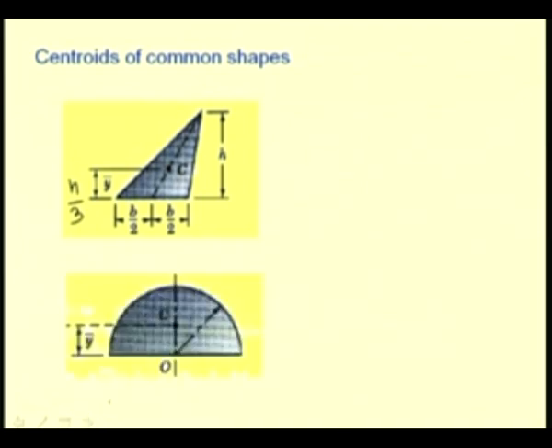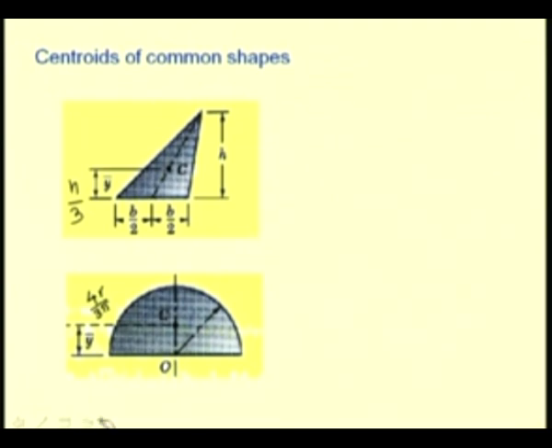And another lamina is shown here. From this geometry, the centroid lies along one of the diametrical lines and at a distance of 4r by 3 pi, if r is the radius.